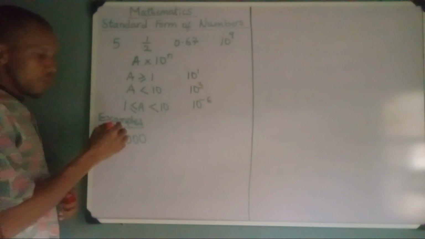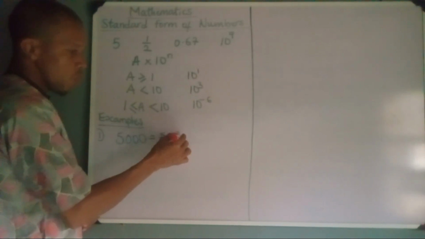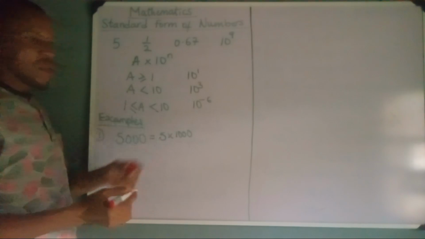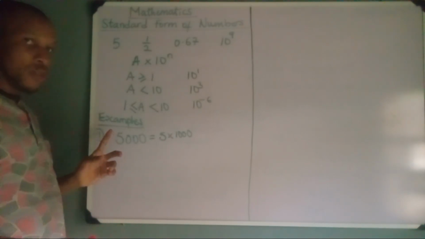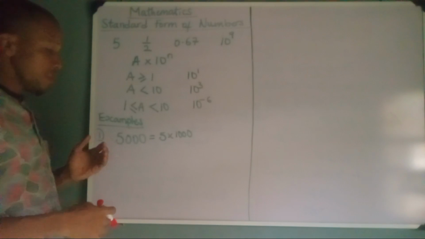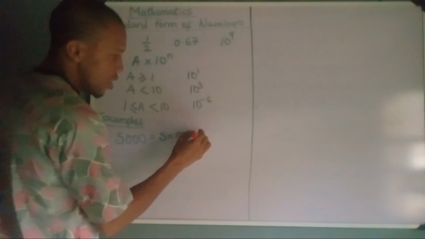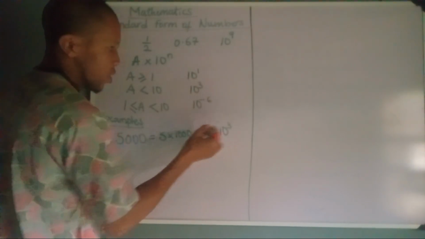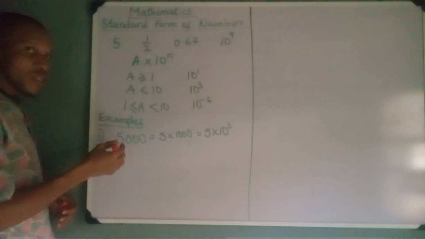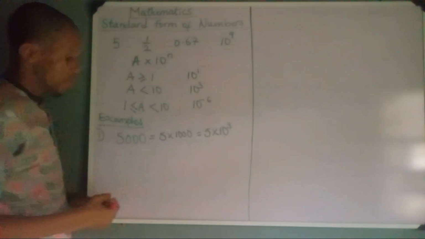So what do we do? 5,000 in standard form will be 5 times 1,000, because 1,000 here is the power of 10, and 5 is the first significant digit, the unit digit attached to 5,000. So we can actually say that this is equal to 5 times 10 raised power 3. So 5,000 in standard form can be written as 5 times 10 raised power 3.